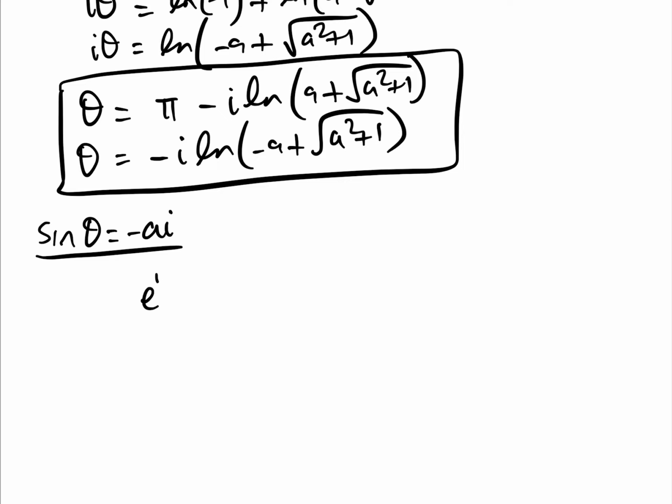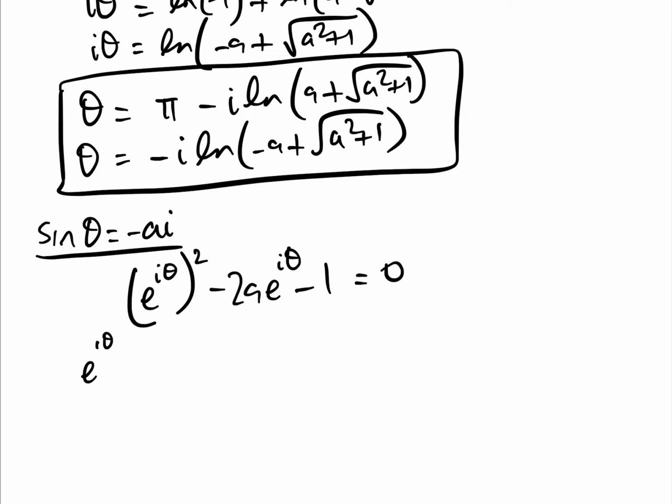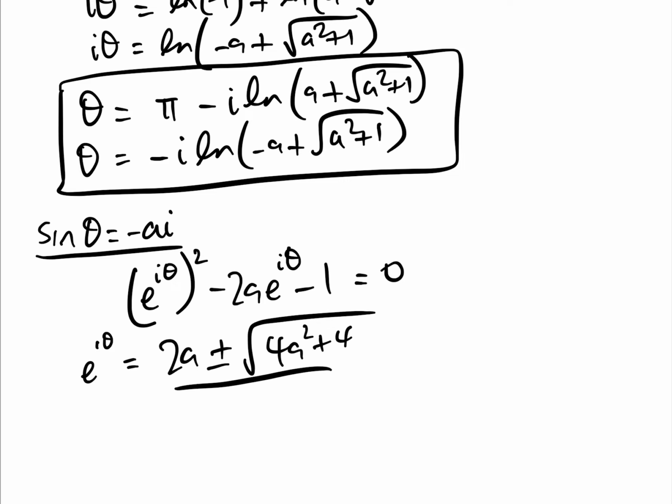Now this is very similar, so we can jump straight through the quadratic. (e^(iθ)) squared minus 2a e^(iθ), that's the only difference, minus 1 equals 0. So therefore e^(iθ) equals 2a plus or minus the square root of 4a squared add 4, over 2, which equals a plus or minus root a squared add 1, same as before.